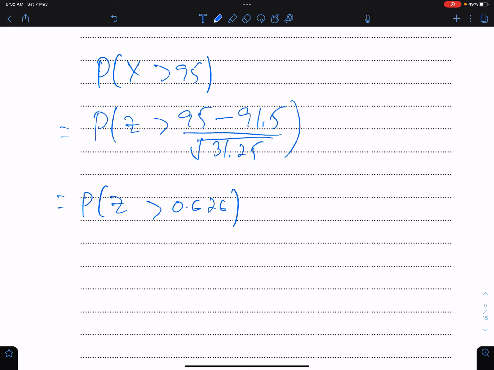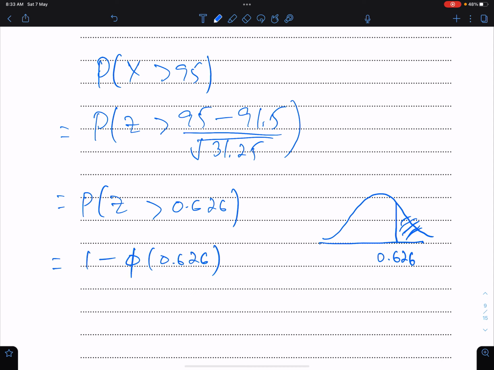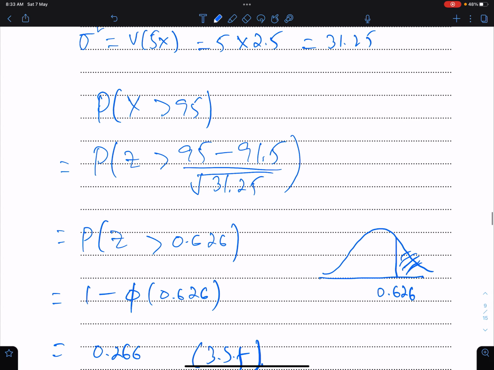So we need a small area. This area is required. This is 1 minus phi. Hence, the answer is 0.266, correct to 3 significant figures.